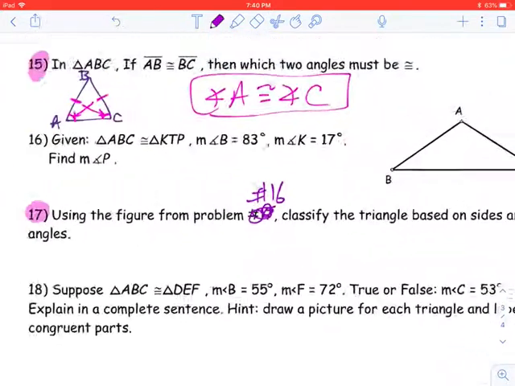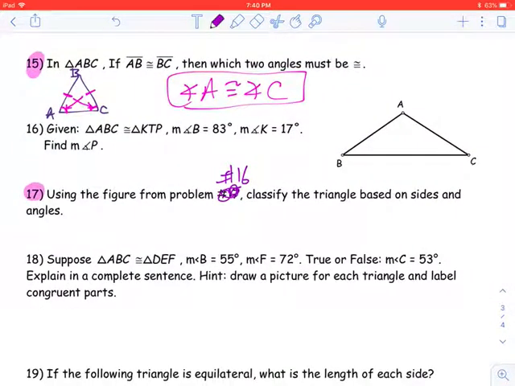So we actually do have to look at 16. So given ABC is congruent to KTP, measure of angle, I think it's looking at number 15, sorry. So number 15. So 15 is ABC, this triangle here that it's referring to.